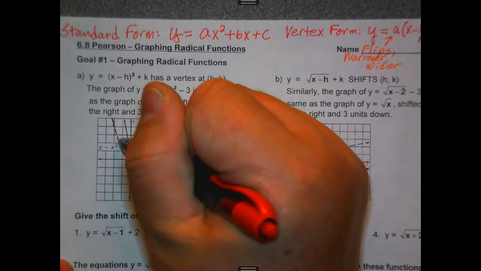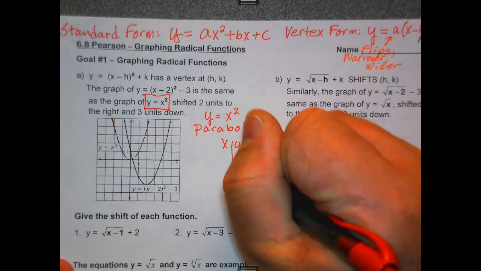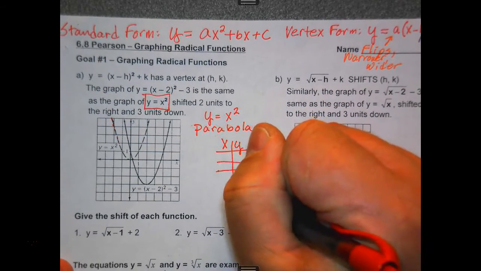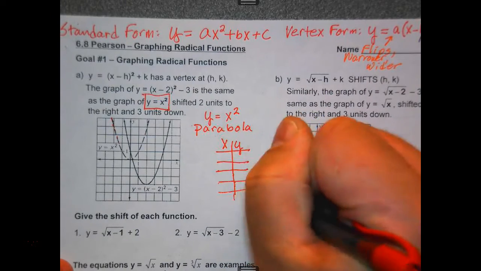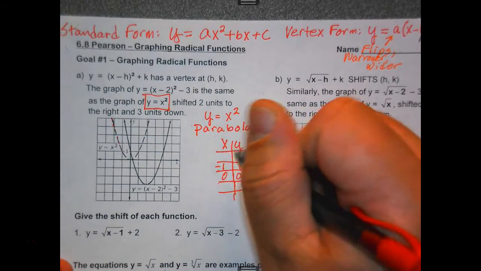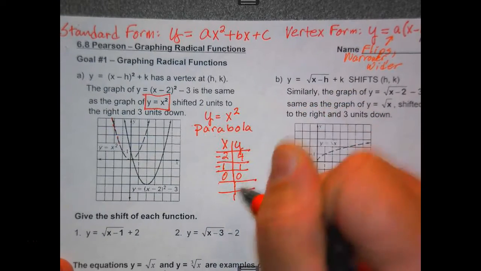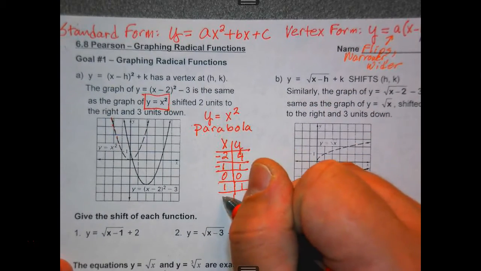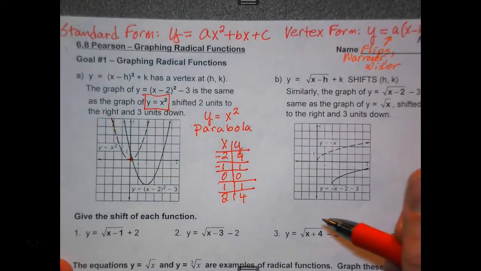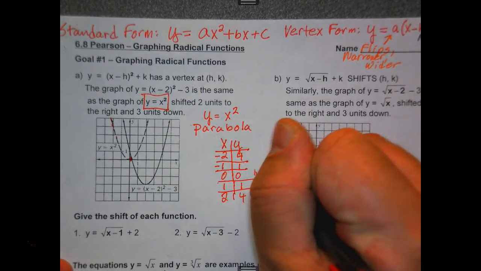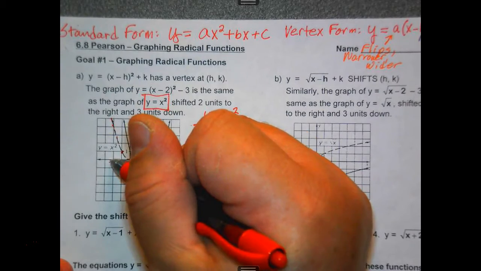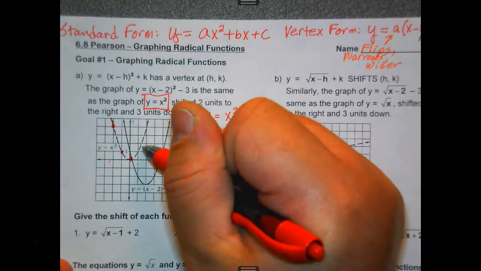All right. If I were to do an XY chart or put this in a calculator, my vertex is at 0, 0. Negative 1 comes out positive 1. Negative 2 comes out positive 4. 1 comes out 1, and positive 2 comes out 4. 0, 0 is our vertex, our h, k.